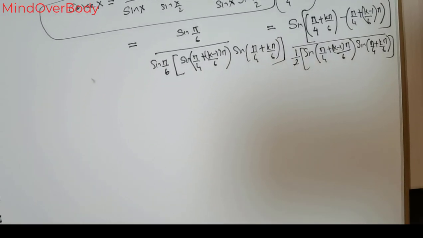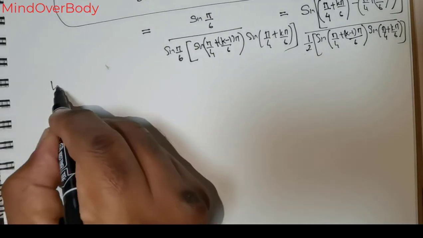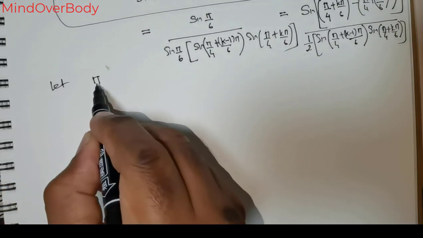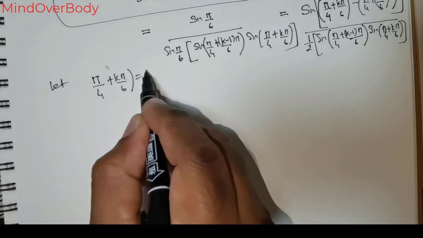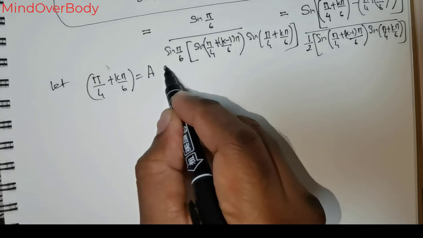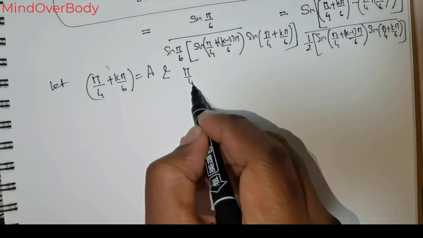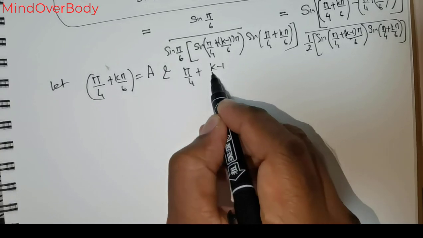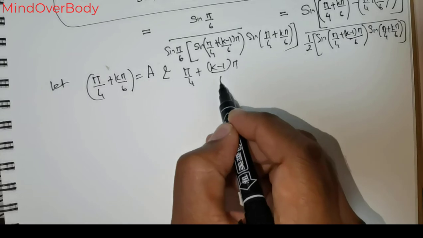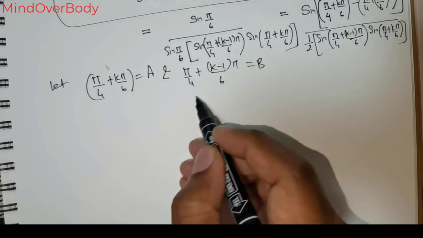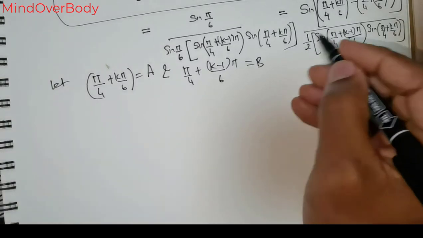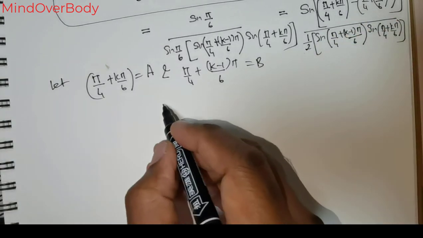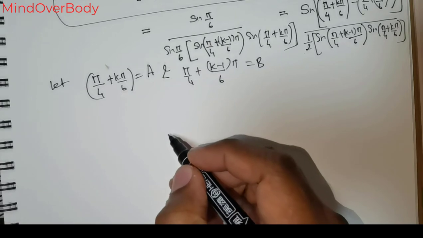Now let pi over 4 plus k pi over 6 be equal to A and pi over 4 plus k minus 1 times pi over 6 be equal to B, just to reduce the complexity of writing these angles again and again.